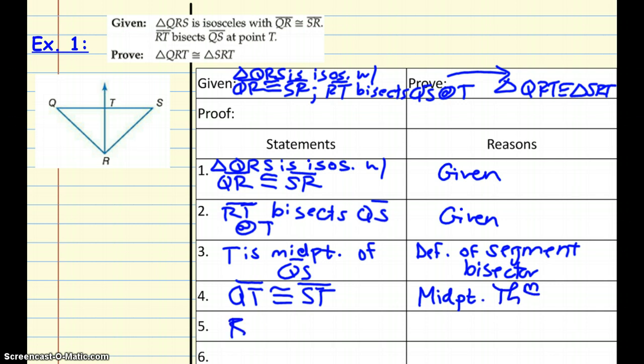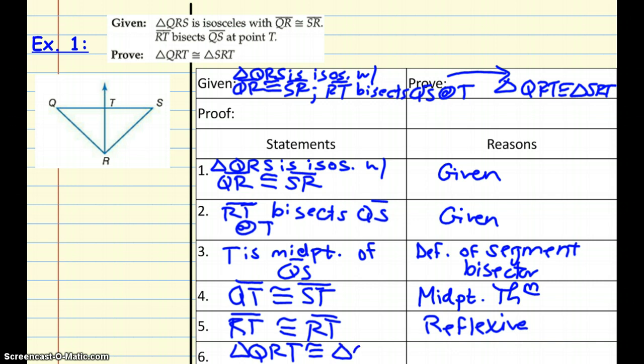I know RT is congruent to RT, and we can say that that's reflexive. So then what we can say is triangle QRT is congruent to triangle SRT by the side, side, side postulate.